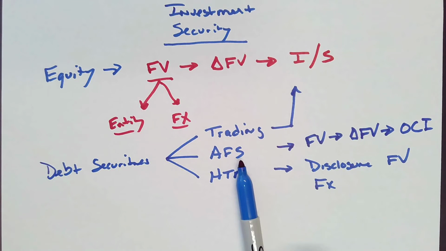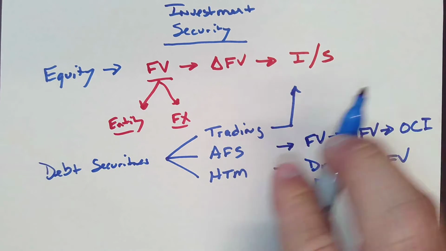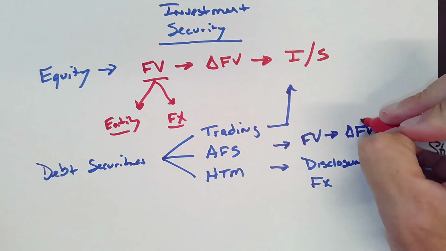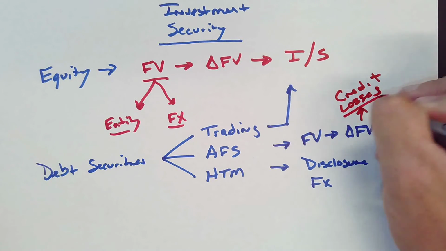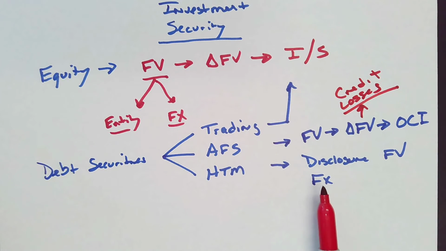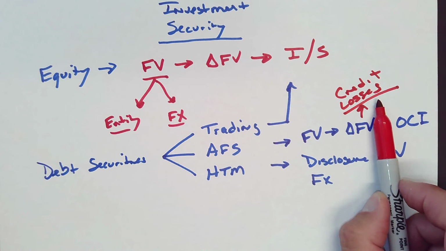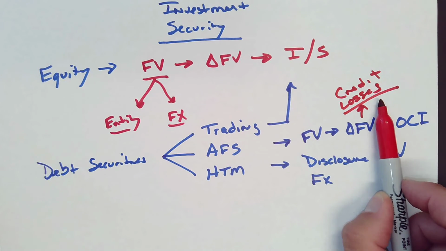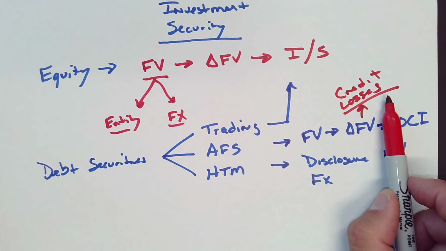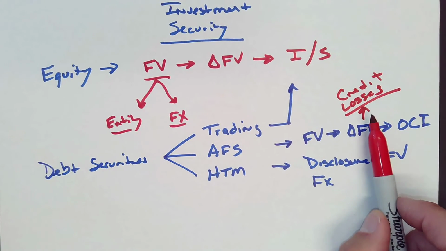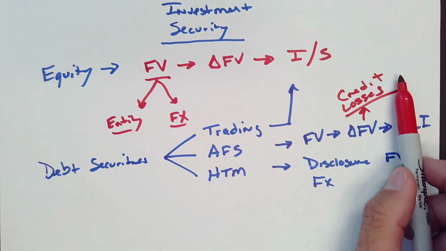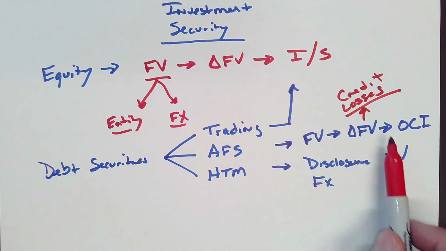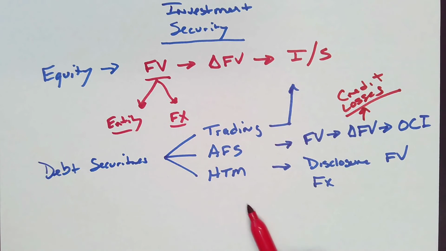However, if any of this fair value change is related to credit losses, and if there are potential credit losses even in your held to maturity securities, credit losses have to be recognized as a reserve, just like you would with the allowance for doubtful accounts. It's a potential credit loss. Those credit losses have to be recognized in income, likely through some kind of a reserve related to these available for sale and held to maturity securities.